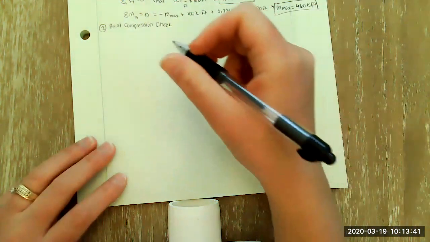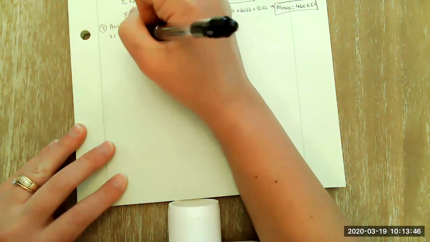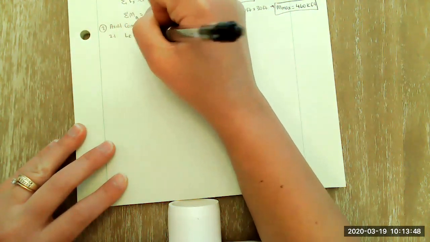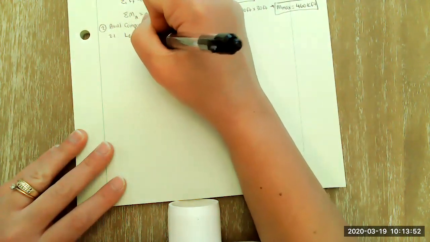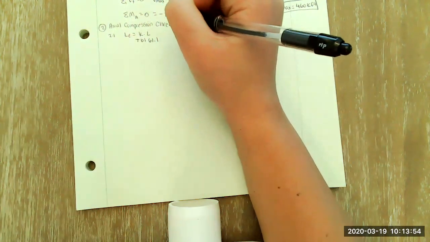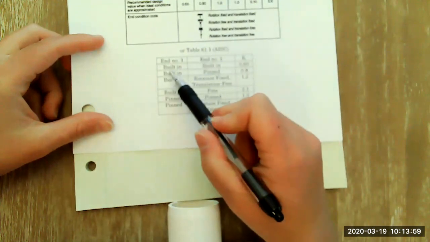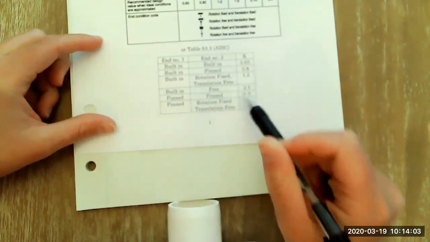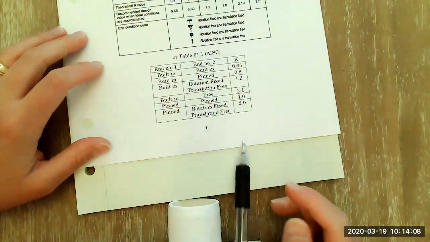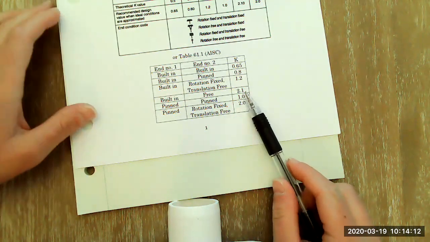Stepping through, we have step 2.1, which is to find L sub E, equal to K times L. If I check table 61.1 in my Cliff Notes, it's the same criteria as the last example: we have a built-in or fixed end connected to a free end, and so my K value is going to be 2.1.